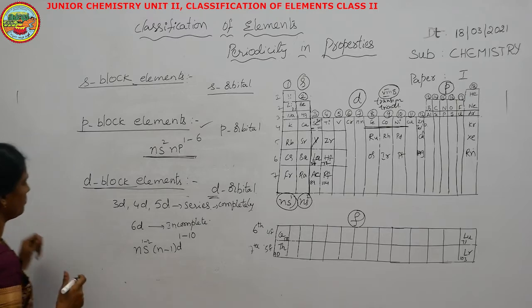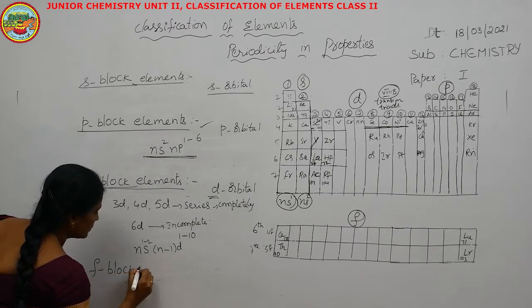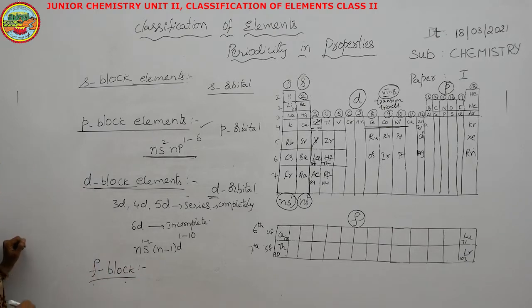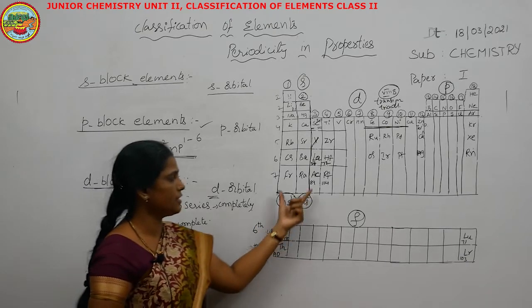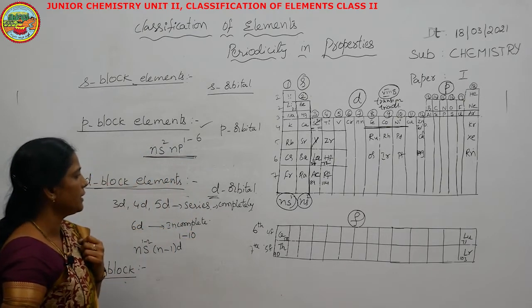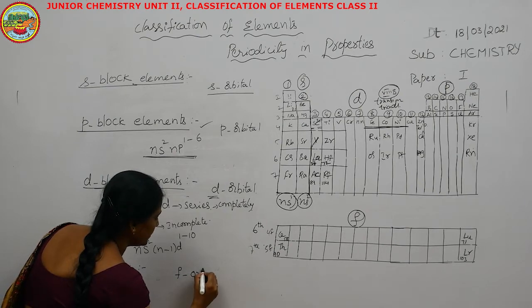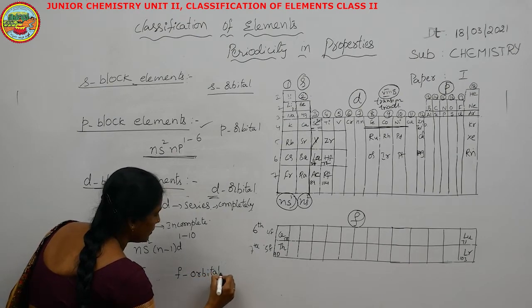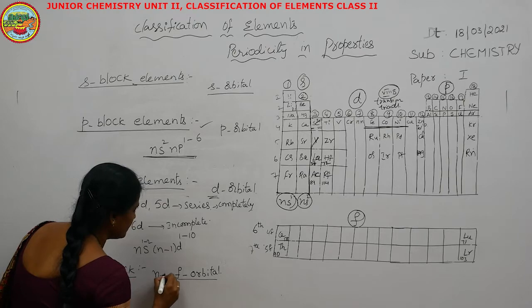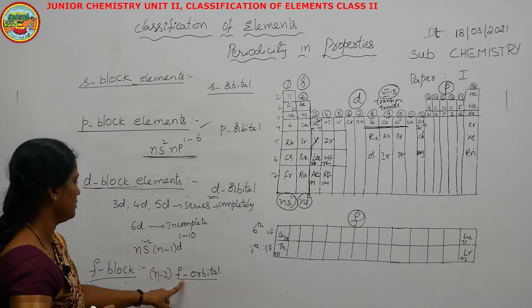Then coming to the f block. The f block is placed at the bottom of the periodic table. f block means the differentiating electron enters into the f orbital. The f orbital is the anti-penultimate shell, the innermost shell.